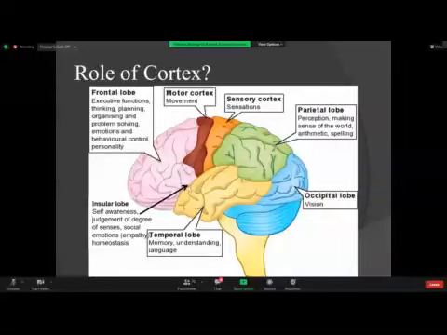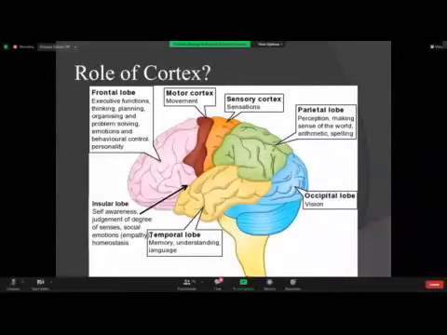Now, as I said before, if we dig into the frontal lobe and the temporal lobe, we have what's called the insular lobe, and it is more to do with the self-awareness and the judgment of the degree of senses, the social, emotion, empathy, homeostasis. All of these are dug into the insular lobe over here.